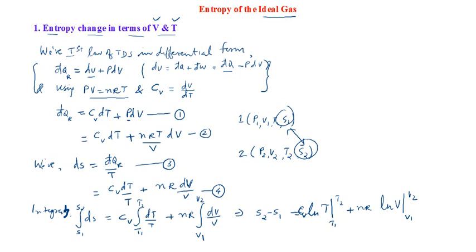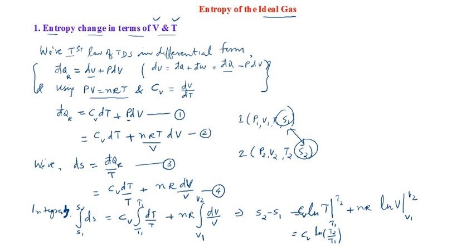And once you substitute the limits, what will we be getting? S2 minus S1 is equal to, once again, Cv times log T2 minus log T1. That is nothing but Cv log T2 by T1, right? Final temperature by initial temperature.